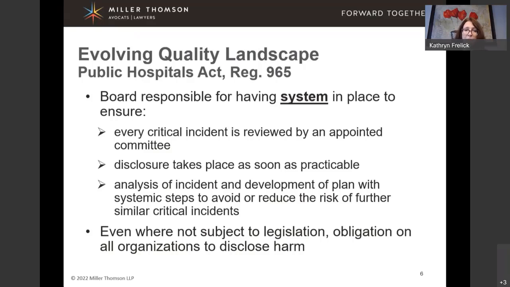And then finally, an analysis of the incident and the development of a plan with systemic steps to avoid or reduce the risk of further critical incidents is another requirement. And this is really the key exercise when you're reviewing a critical incident, because you are looking for learnings from a quality of care perspective that you can apply not only in this case, but in other cases as well.